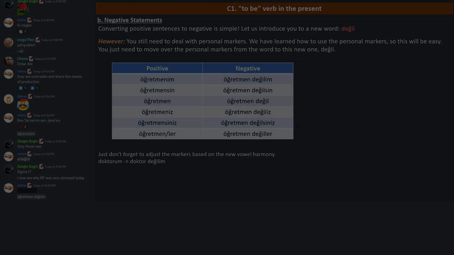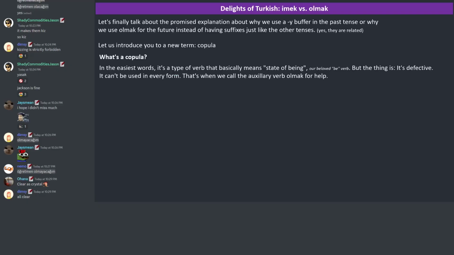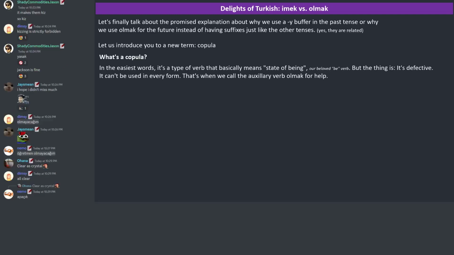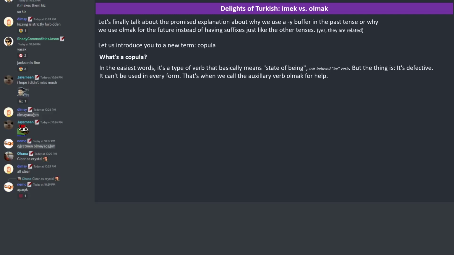Okay, and let's talk about that promised explanation, like why we have a y buffer and why we use olmak. They are related. The reason is they are different things.